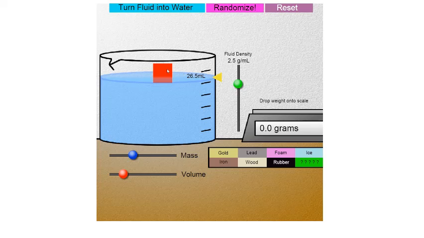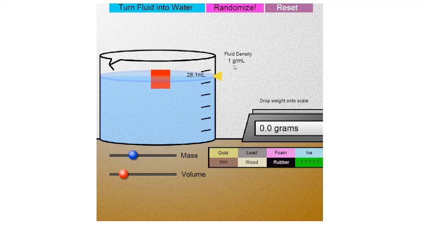Check this out. Now notice that our fluid level right now is at 26.5 milliliters. We started out at 25.5, right? Now, watch what happens when I change this fluid. Instead of being the mystery fluid that's currently filling the container, let me turn it into water. Notice what happens. My mystery block still floats, but it floats lower in the water now, because my fluid density is now water.